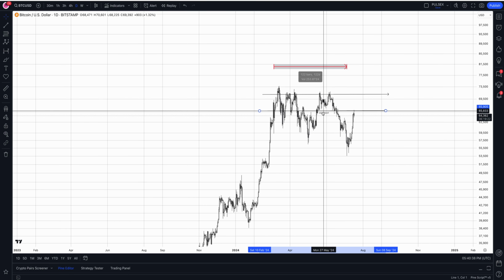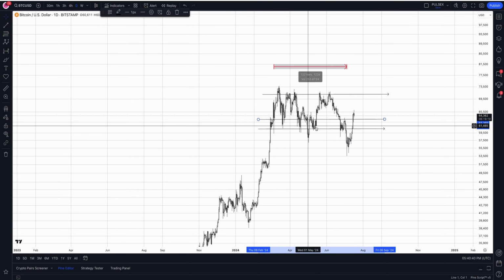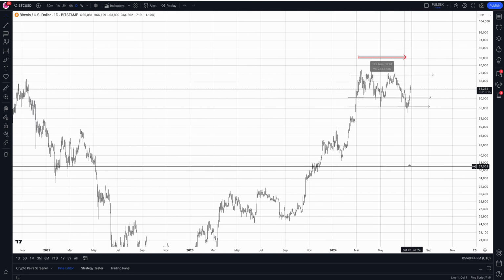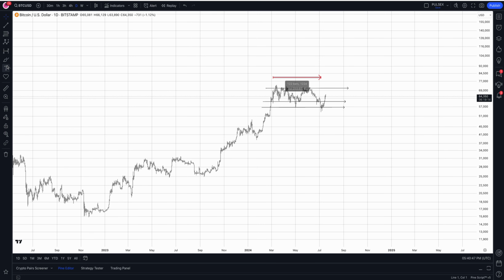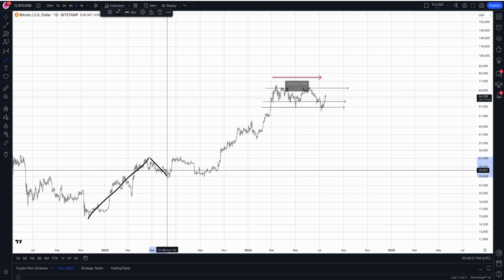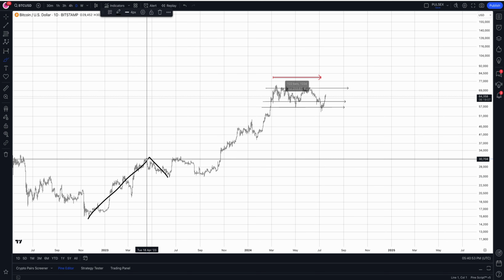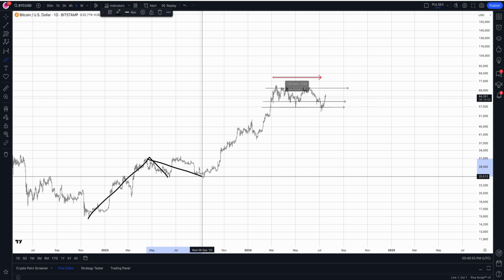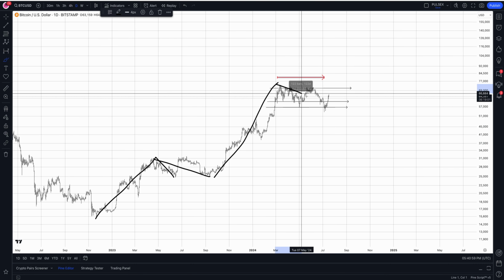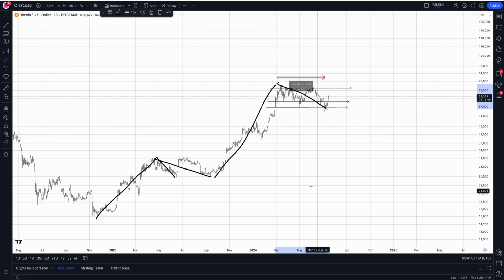Okay, we also see that 5 waves have not completed. Okay, we've only seen 4 waves here. So from the bottom, this is our wave 1, this is our wave 2, and some analysts, they even say that this is a WXY correction. So this could be your wave 2, this is your 3rd wave, this is your 4th wave, but we're missing a 5th wave now.